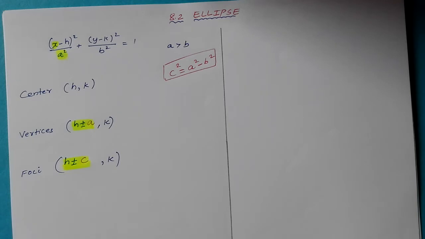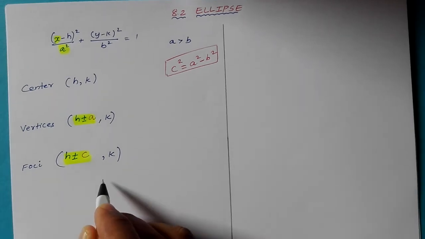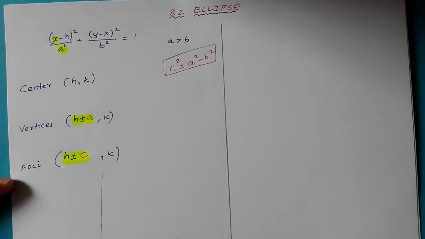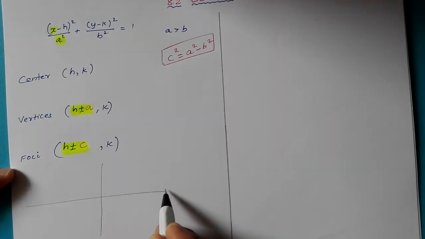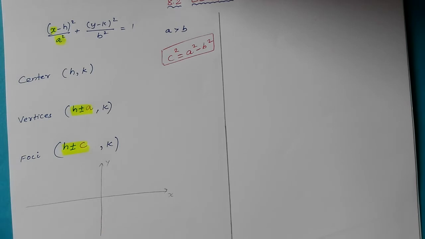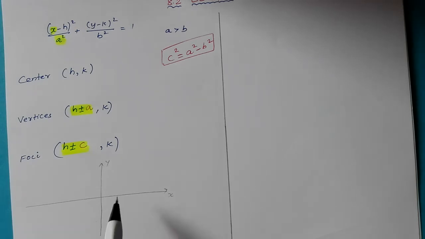Now what is the graph of this? This is the x-axis, this is the y-axis. Now a is present below x, so therefore the ellipse is on the x-axis.